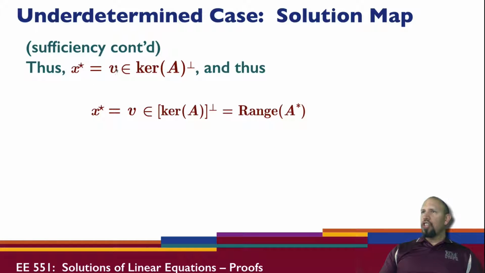That means x star is just V, but V is in the null space orthogonal complement, the complement of the orthogonal subspace. And so therefore, x star is in the range of A adjoint, because the null space orthogonal complement is the range of A adjoint. Whew! So there's this thing, and I'm going to show that in a little bit, but that is the proof of the sufficiency. Boom. All right.